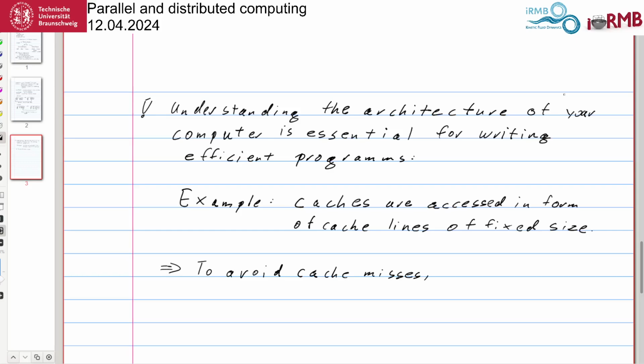So to avoid cache misses, you want to use the fact that you have these cache lines. And this you do by processing data sequentially.